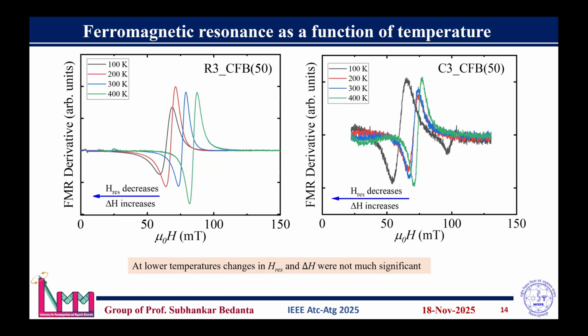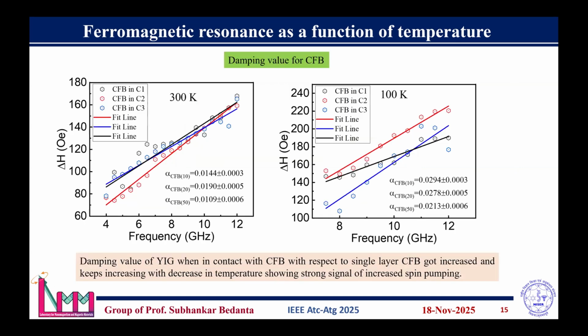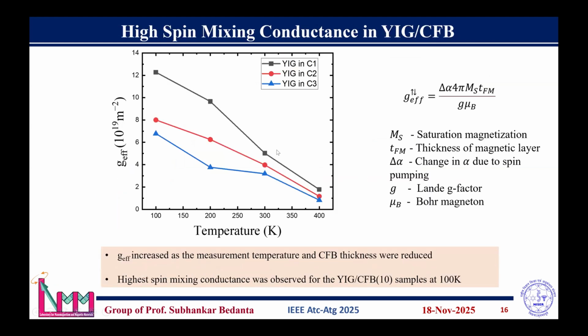For this, we did damping measurements at all those temperatures, from 400 to 100 Kelvin in steps of 100 Kelvin, and we found the damping values increasing for both CFB and YIG as the temperature decreased. So we plotted the spin mixing conductance for these samples, where we see a quite significant enhancement in the spin mixing conductance of the single layer YIG sample at 100 Kelvin.